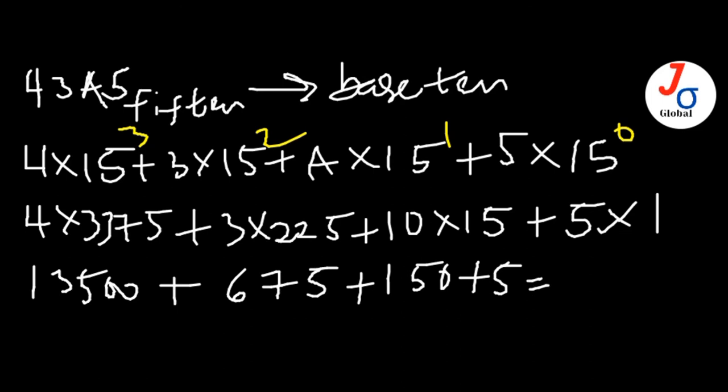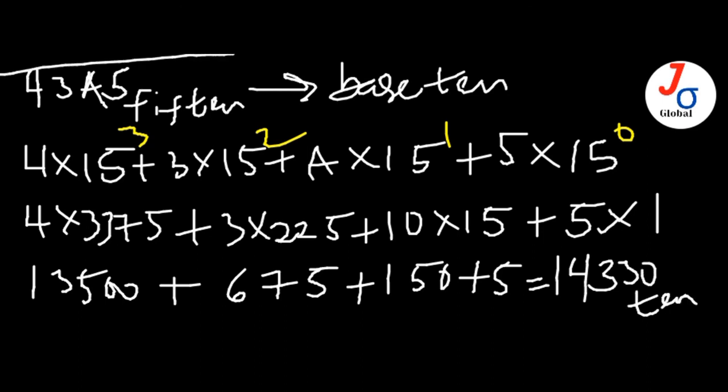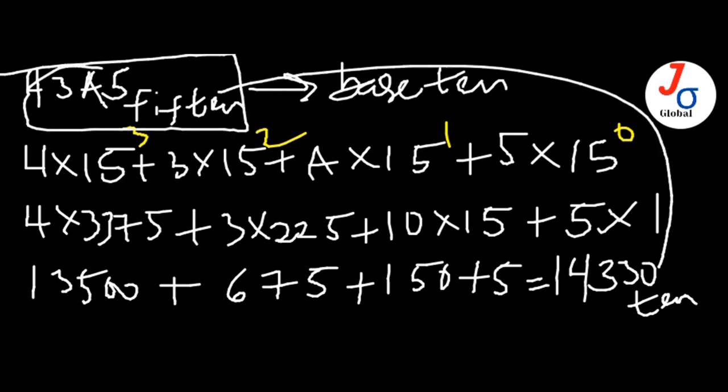So sum that up together: 13,500 plus 675 plus 150, then plus 5. I got 14,330 base 10. Okay, so this converted to base 10, this is what you get.